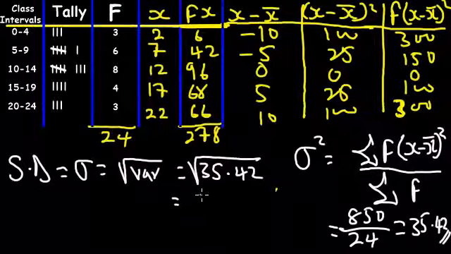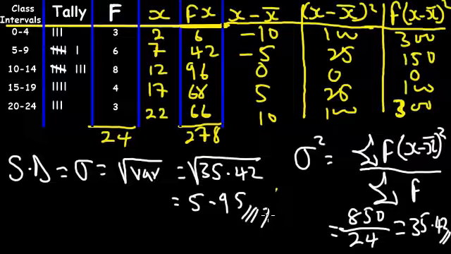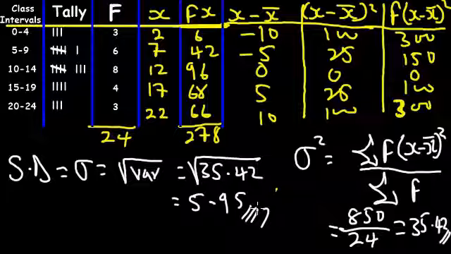And if I use the square root of 35.42, I got 5.95. And that is the standard deviation of this distribution. And that's how to easily find the standard deviation and variance of grouped and ungrouped data.